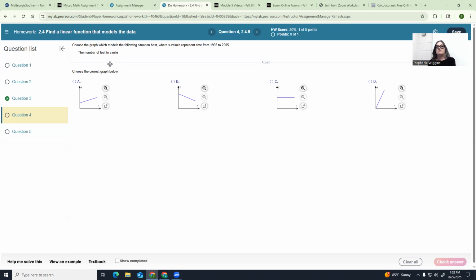And then as time goes forward, here we are in 2005. Well, in the problem, it's 2005. It was still 5,280 feet in a mile. So that's not changing over time. So it's constant. And a constant function is just a level function. And so we know that the correct choice then is C.